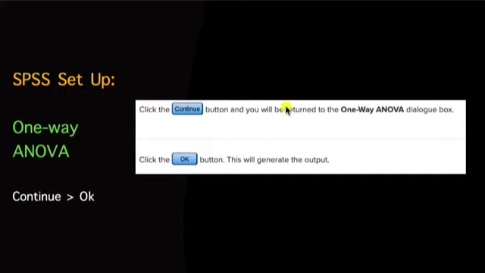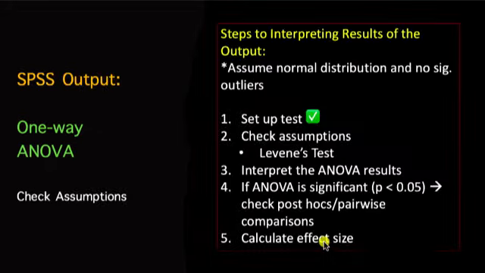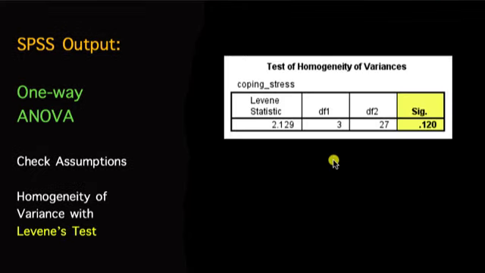That'll take you back to the one-way ANOVA dialog box, and then you'll click OK, and that will generate your output. So now that we've set up our test and we've generated an output, we can now check our assumptions. And the one assumption you'll be checking in SPSS will be Levene's test or homogeneity of variance.